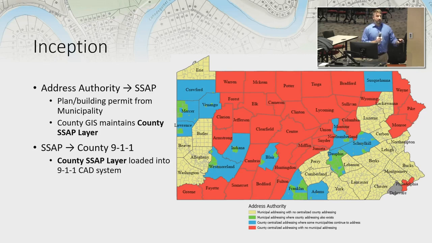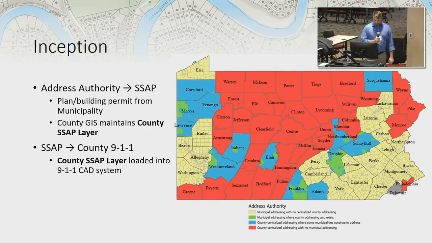And then in the yellow is where there's only municipal addressing, no county addressing. And then in the green and blue, those are counties where there's a mix of county-based addressing, where the county's responsible, or the municipality's responsible for addressing. There's a mix in those counties.